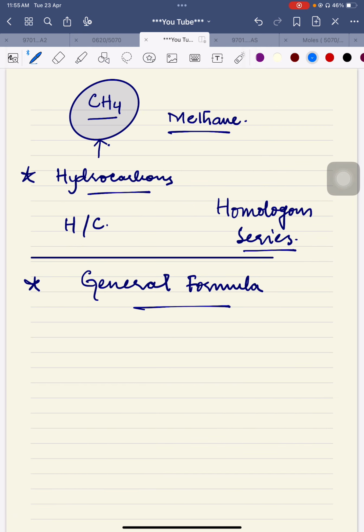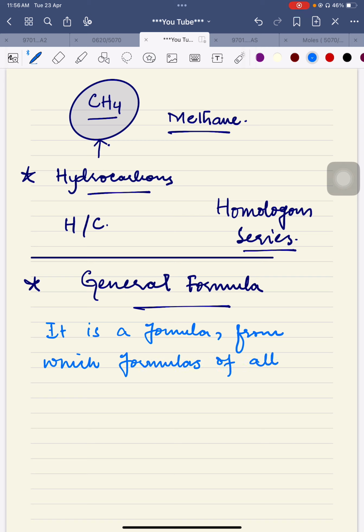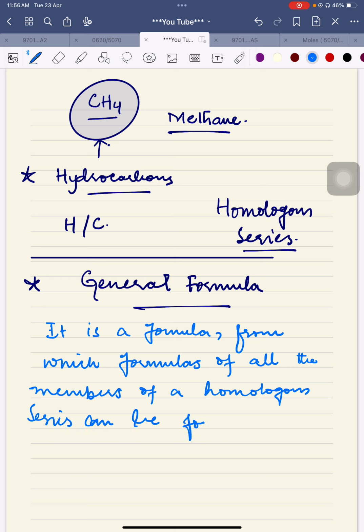It is a formula from which the formulas of all the members of a homologous series can be found.